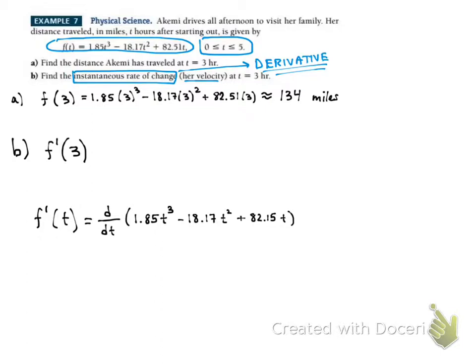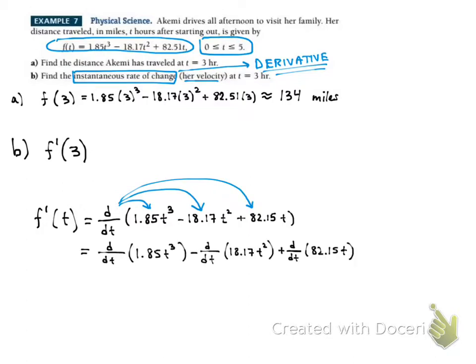Now we can use our most recent rule and just distribute this derivative operator over this addition and subtraction. Now we need to take the derivative of each of these individual pieces. If we look at each piece, they're all going to be the power rule with a constant out front. The derivative of this first one is just going to be 1.85 times 3, and then t to the power 3 minus 1, so t squared.